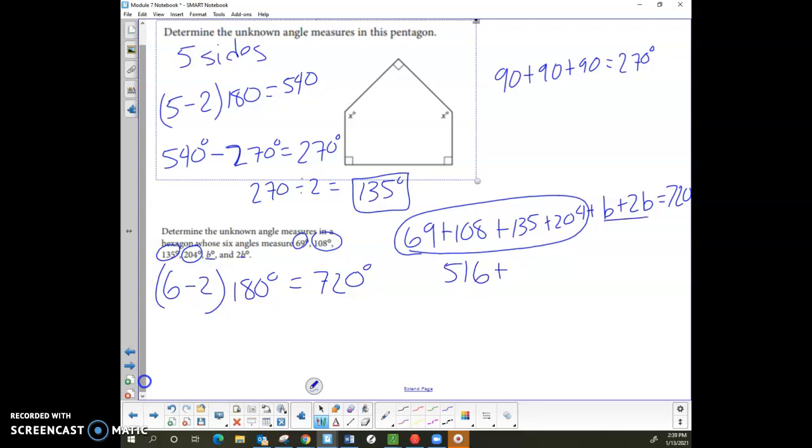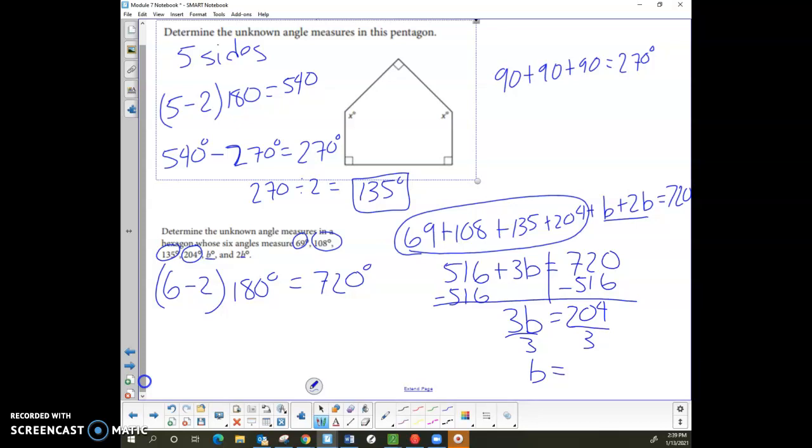I can add together my b's. I've got 3 b's total. All right, now algebra, we're solving for b. So we need to subtract our 516. So we've got 3b equals 204 divided by 3.